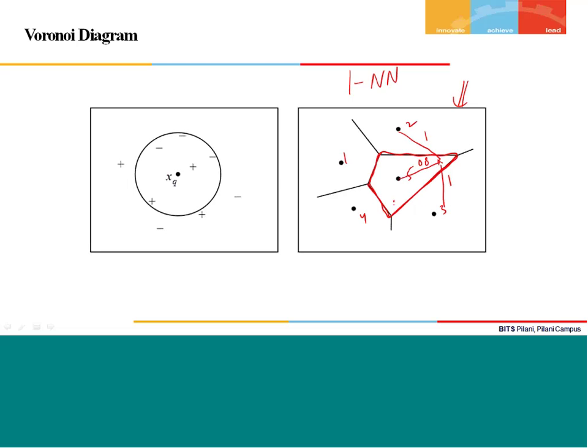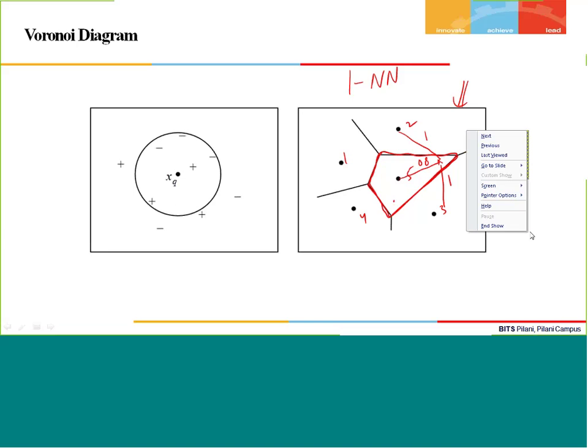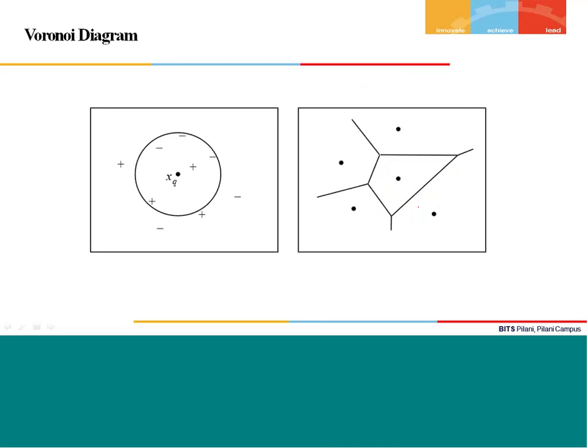That region will always classify the label. That region always classifies the query point to the label of the point which actually exists in this region. For example, let's say this could be a positive. If somebody says this is a query point, because this is a decision region and my query point falls into this region, it means it must have the class label positive. I'm talking about one nearest neighbor here, right? This is a one nearest neighbor diagram.